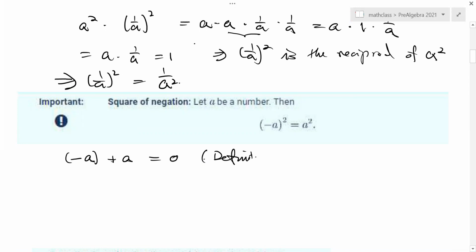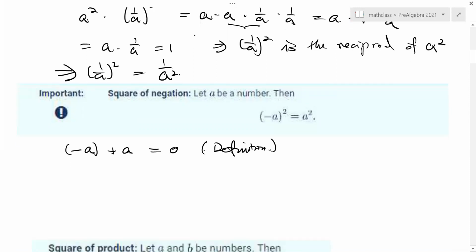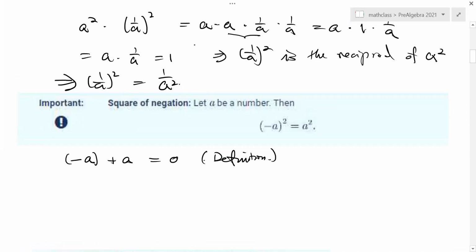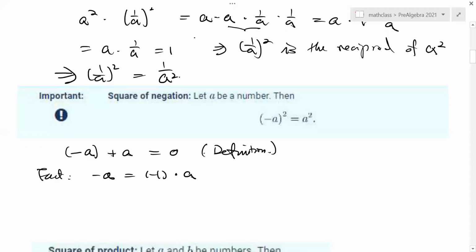And the fact we already showed is that negative A is going to be negative 1 times A. That's different: negative 1 times A is a product of two numbers, and negative A is the number that added to A gives 0.